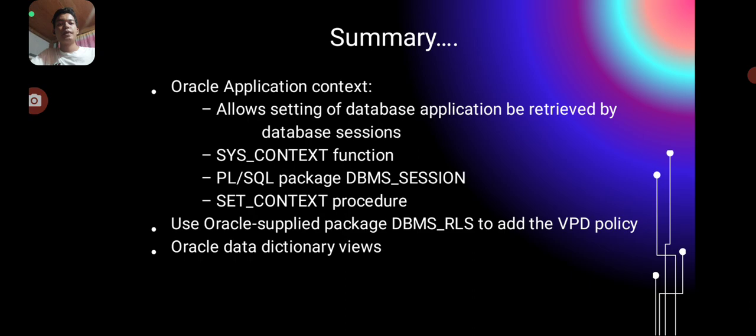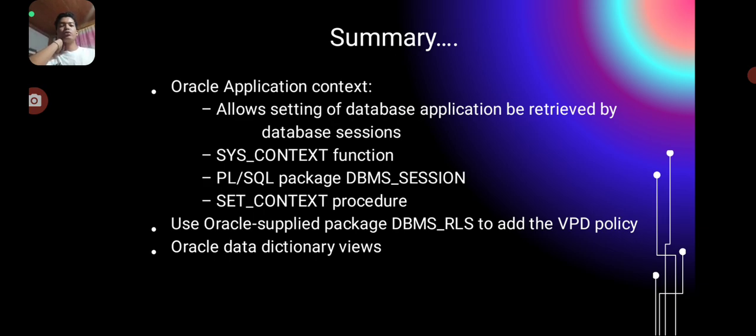Then next is the Oracle Application Context. It allows setting of database application values to be retrieved by database sessions, using the SYS_CONTEXT function, the PL/SQL package DBMS_SESSION, and the SET_CONTEXT procedure. These are the syntax you need to apply to a database.